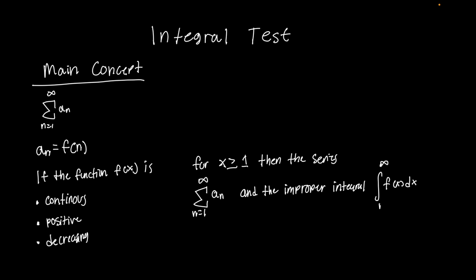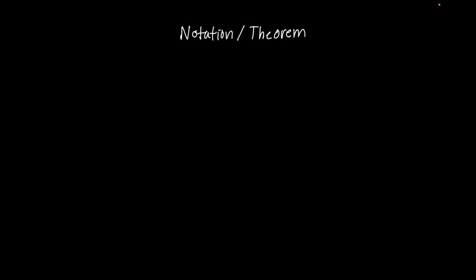So basically, if the improper integral converges, the series will also converge, and if the improper integral diverges, then the series will also diverge. So this is the main concept for now. We will be exploring this more in detail later in the video.